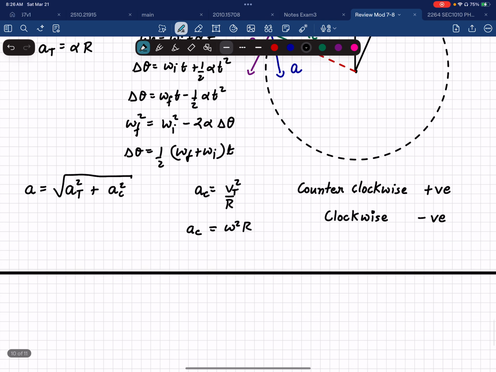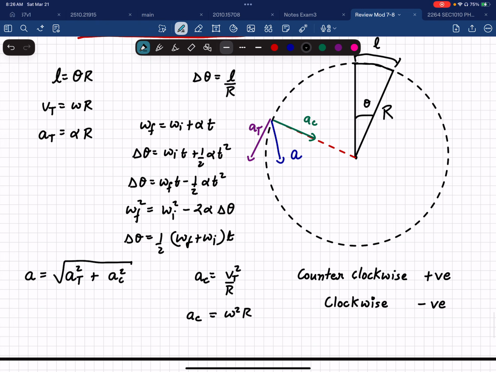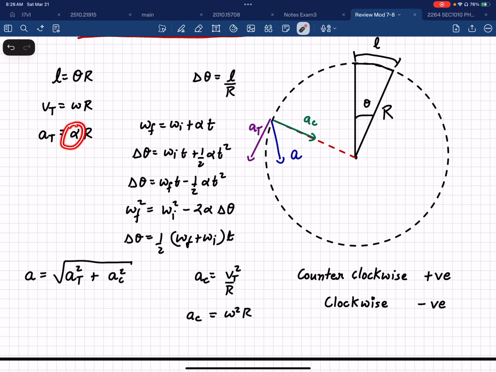So just keep in mind, if your object is rotating or is under the influence of an angular acceleration, this omega will be the instantaneous omega. So your centripetal acceleration will increase, but your tangential acceleration will be constant because this is constant. However, this will change at every time. So just keep that notion in check.